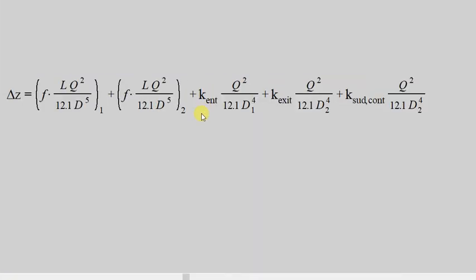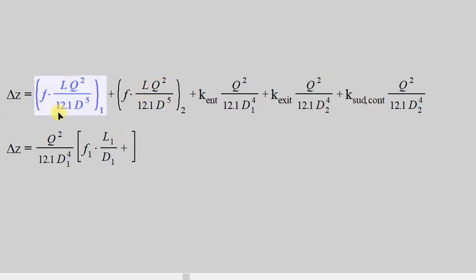For example, when it comes to here, delta Z equals to, I can say this one multiplied by F1 L1 over D1 plus K entrance. Is there anyone else? No, nothing.